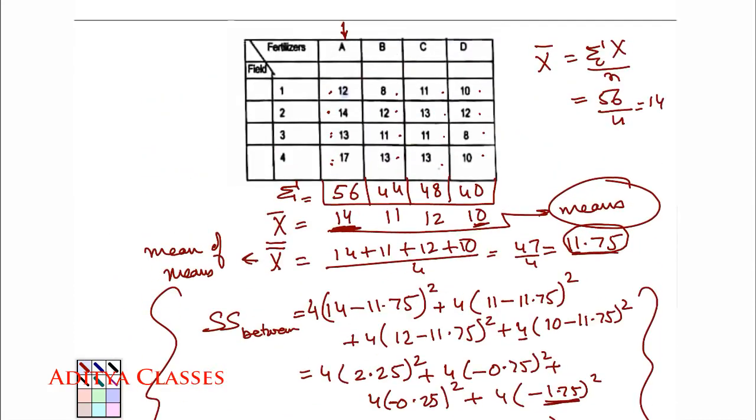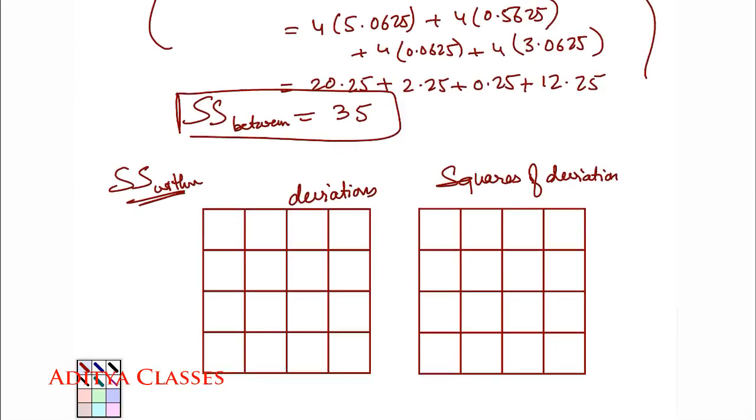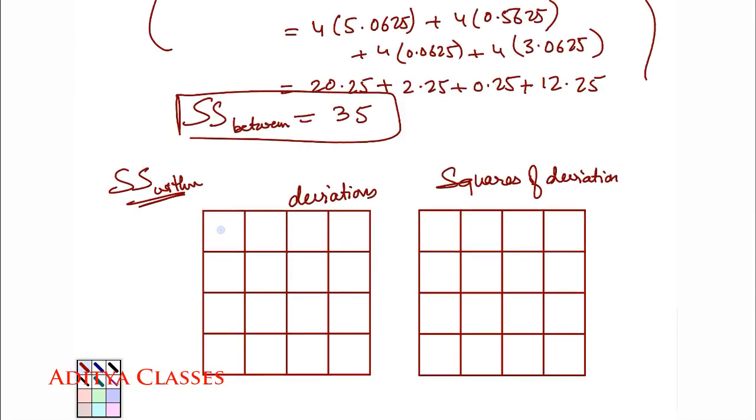Very easy. 12 minus 14, 14 minus 14, 13 minus 14, 17 minus 14. This is what we need to do. So 12 minus 14 would give me a 2.